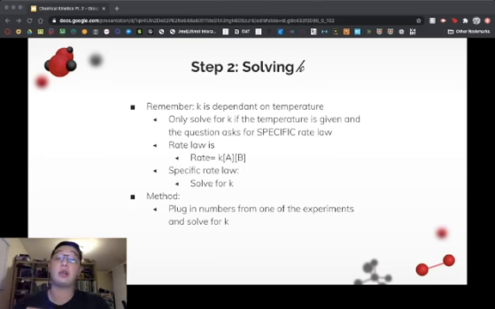From before, we already know that the rate law is rate is equal to K times the concentration of A times the concentration of B, or for this particular example, it's K times the concentration of ammonium times the concentration of nitrite. For the specific rate law, you have to solve for K, and it's just going to be inputted right into that equation. The method here is just to plug in numbers from one of the experiments and solve for K.